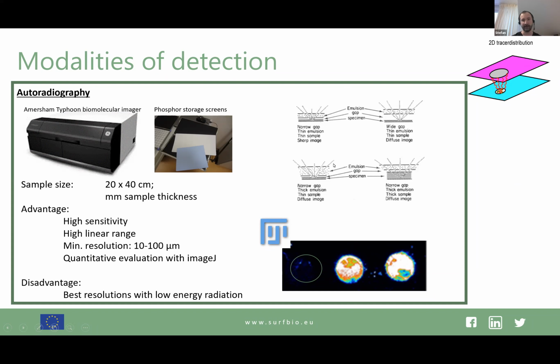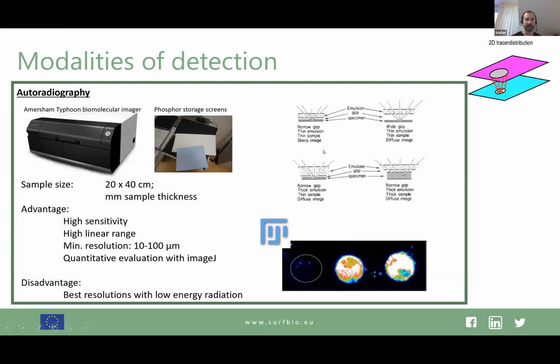If you have a thick sample, for example, any activity will basically imprint itself on a larger area, so you get a lower resolution. The same is true if the gap between the phosphor screen and the sample is large.